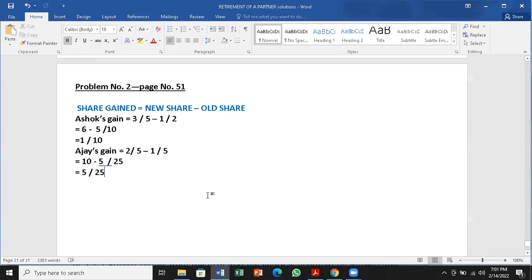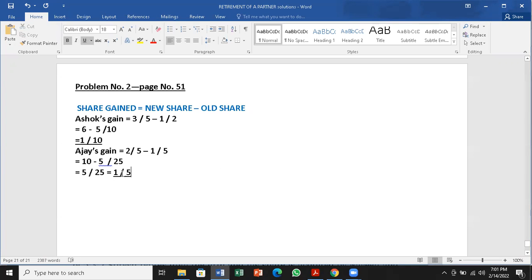The numerators are different. So that becomes 1 by 5, no, sir? 1 by 10, correct? 5 by 25 becomes 1 by 5, no, sir? Now, how will you do it? We have to convert the smaller one into higher one or higher one into smaller one. We can decide. If you simplify this, it can be 1 by 5. So now you have here 1 by 10 and here 1 by 5.